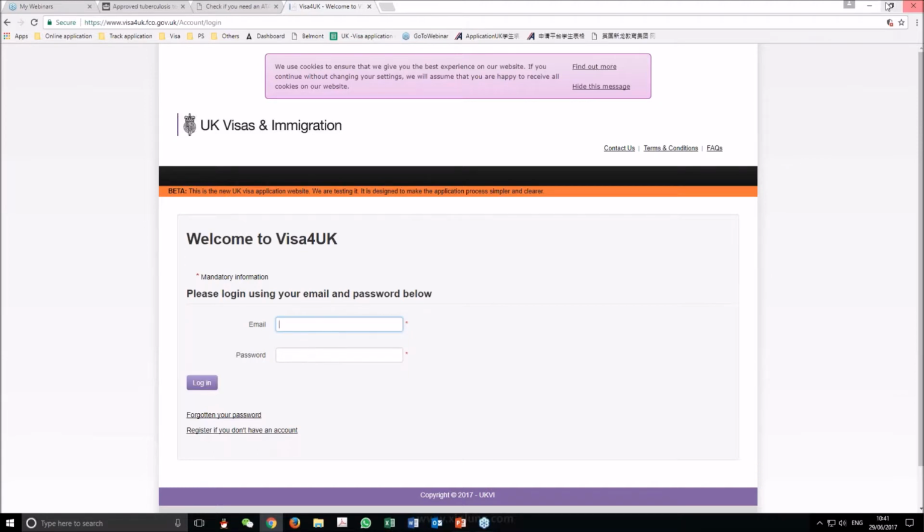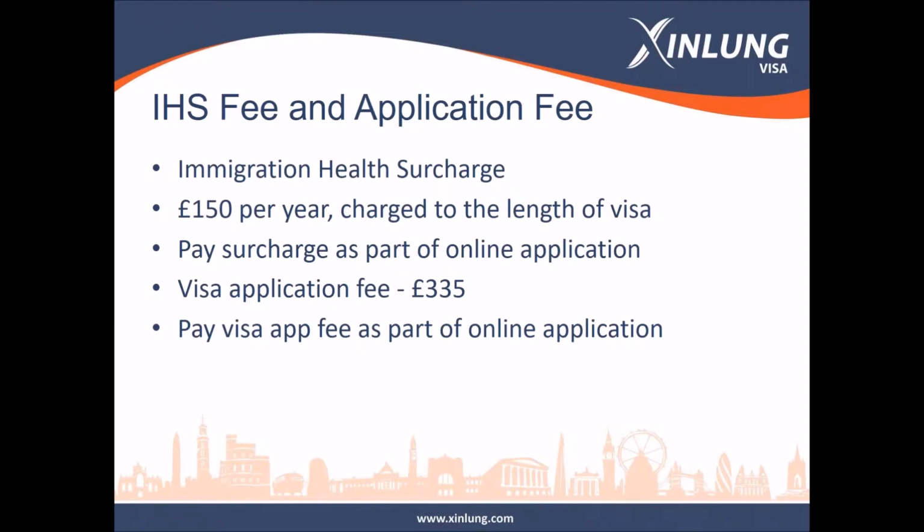So how much will the Home Office charge us for our Tier 4 general student application? One of the fees is called the IHS, Immigration Health Surcharge.